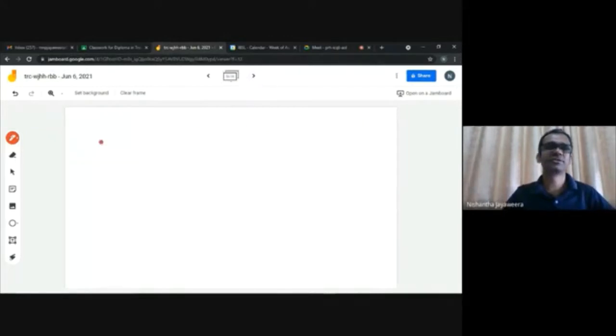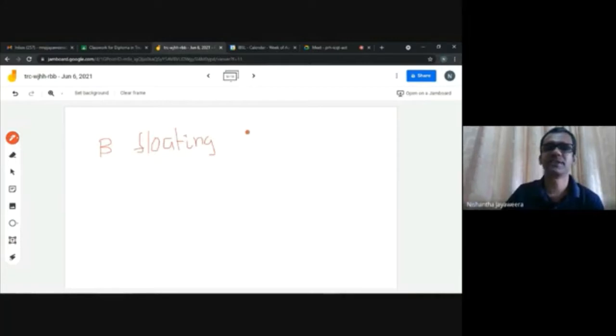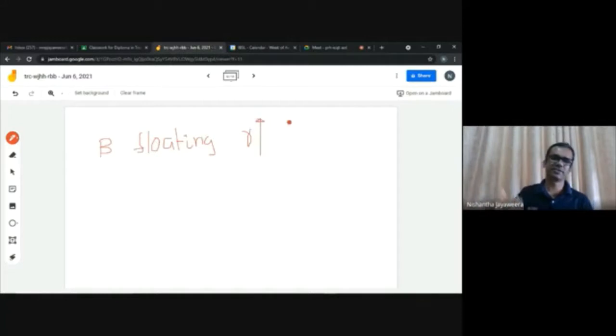Assume you are a borrower at floating. What is your risk? Interest going up. What's the risk? Interest rates goes up. That is your risk. If interest rate goes up, your next interest payment would be high.